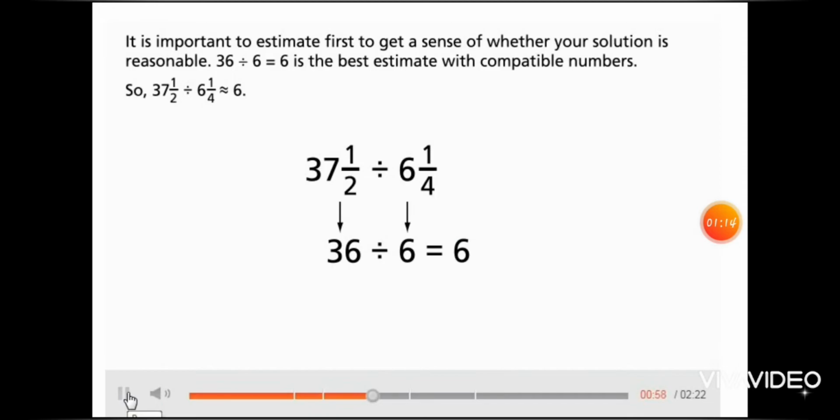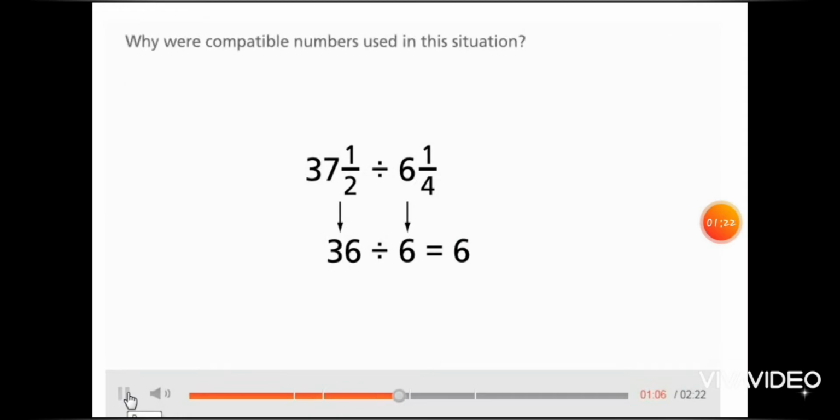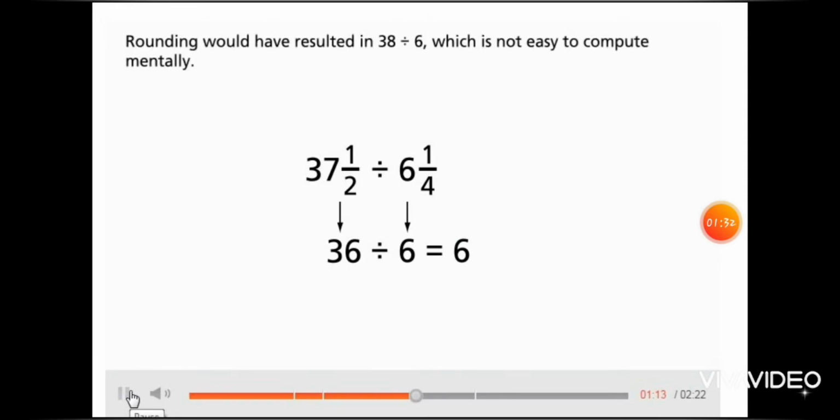So 37 and 1/2 divided by 6 and 1/4 is approximately equal to 6. Why were compatible numbers used in this situation? Rounding would have resulted in 38 divided by 6, which is not easy to compute mentally.